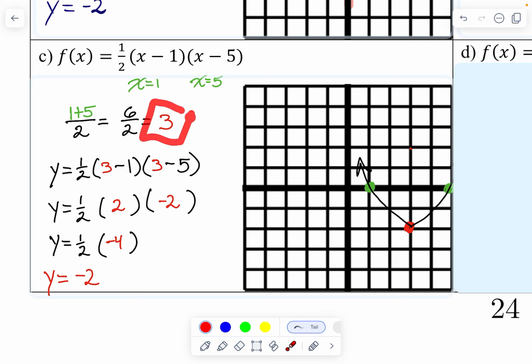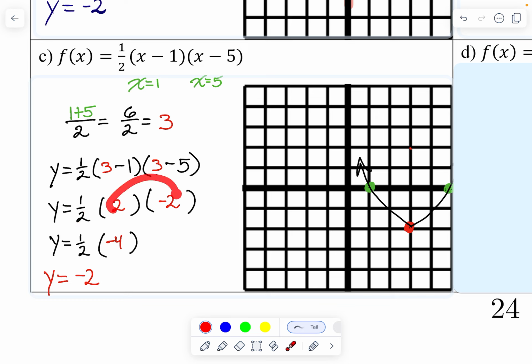Substitute that x value back in for x, and I get 3 minus 1 is 2, and 3 minus 5 is -2. And so I can multiply these all together. I'm going to save this one for last.